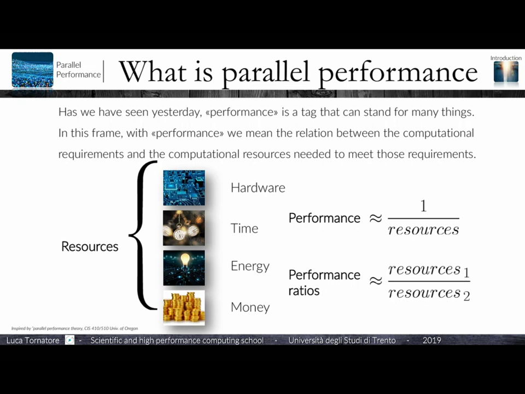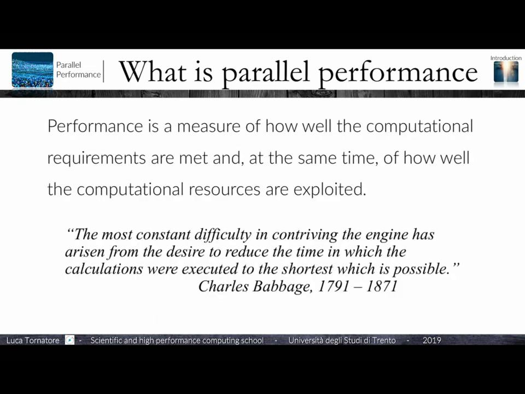The resources are the hardware; time is a resource, energy is a resource. We are starting to see that there are differences in the way you code and the energy that you consume. That's quite fascinating. And money, of course, is also a resource. So the performance is the inverse of the resource, more or less. The performance ratio is the ratio of the resources that you want to use.